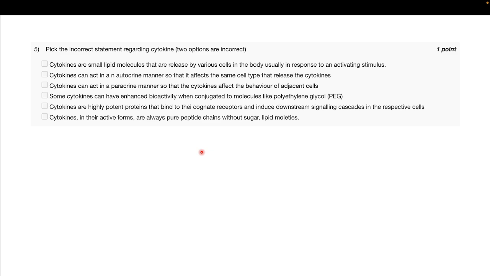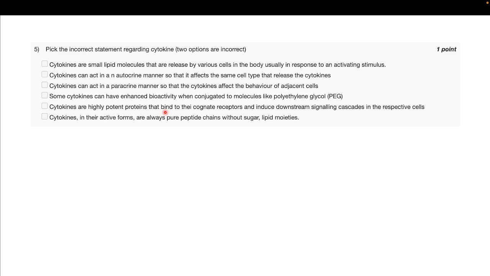Anyone wants to give it a try? Option 3 and 5. 3 is cytokines can act in a paracrine manner, so that cytokines affect the behavior of adjacent cells. And 3, 4, 5. Cytokines are highly potent proteins that bind to their cognate receptors and induce downstream signaling cascades in the respective cells. Okay, somebody's answered 3 and 5. Anybody else? Thank you for responding.